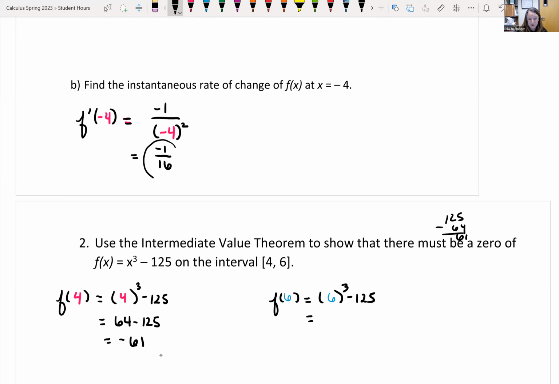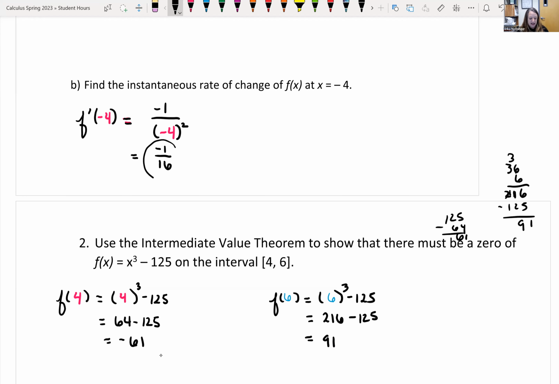Well, 6 cubed, well, 6 times 6 is 36. And then 36 times 6. So that's 216 minus 125, which gives me back 91.